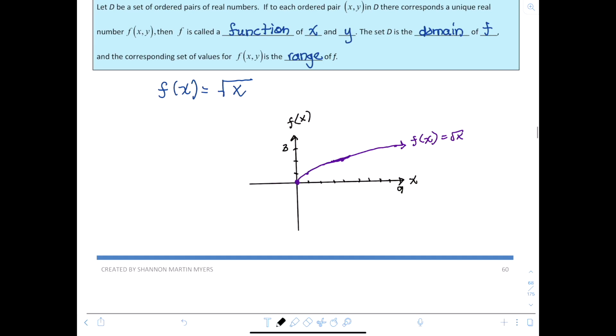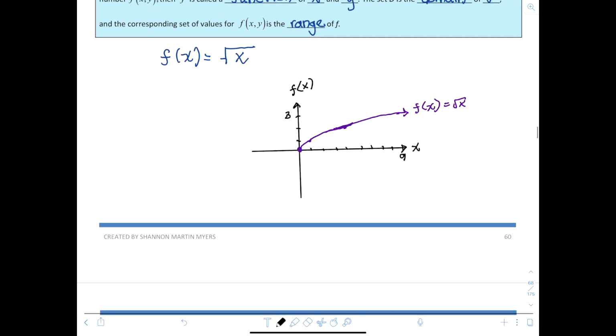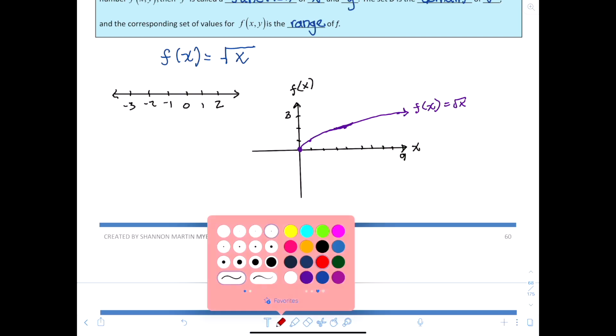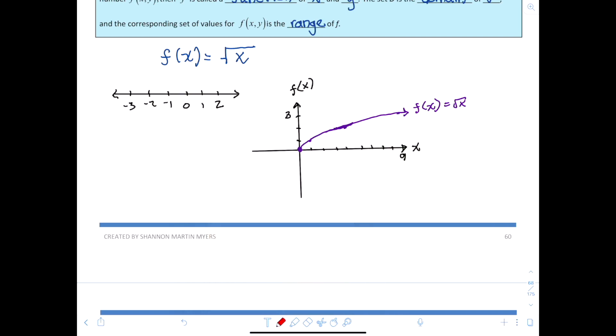So when you think about the domain, if you were to graph a picture of our domain, you would have what? Beautiful. Our domain would be from 0 inclusive, right?